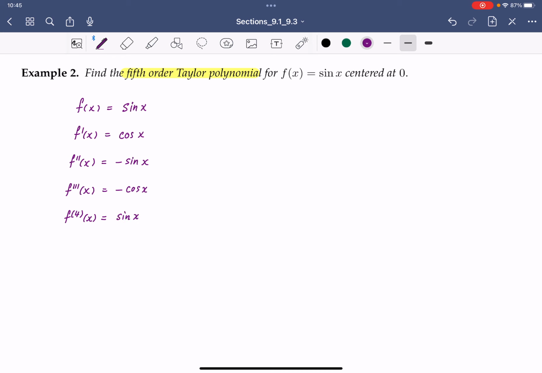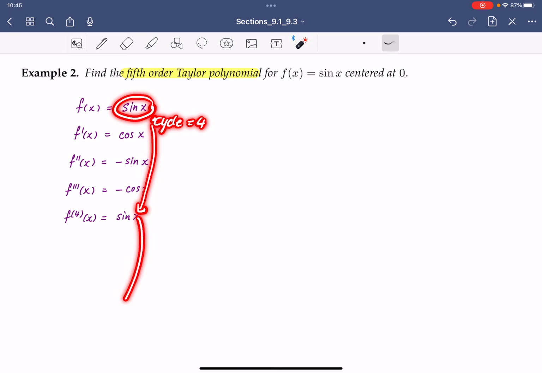And if you see the pattern, when you differentiate sine, the cycle is 4, right? Because once you hit 4 times, you come back to sine. And then once you hit another 4 times, you come back to sine. So the cycle is 4 here.